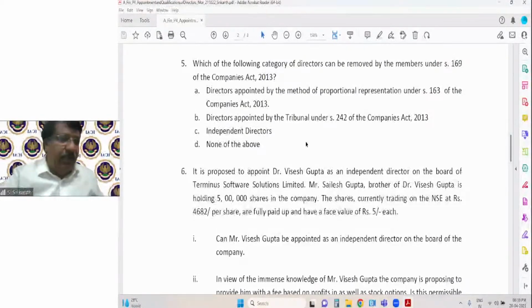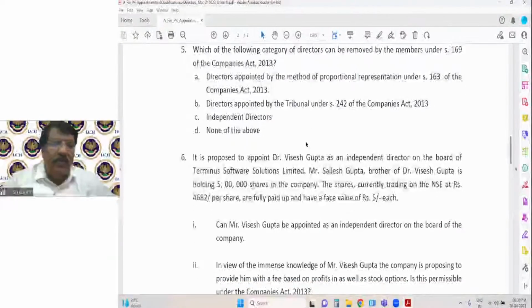Five C is correct. A and B are people who cannot be removed. D is none of the above because C, independent directors, can be removed. Okay, so 5C is the correct answer.